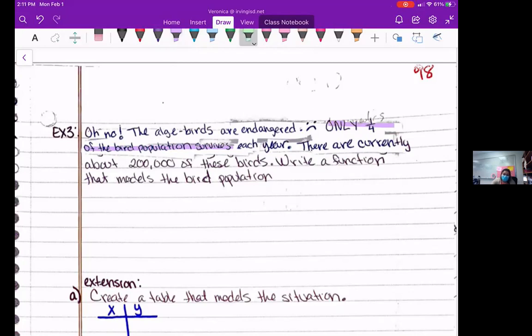So that means that this 200,000 is your initial value, right? So your A here, which is what you start with, is 200,000. And that means that this 1/4 right there is your factor.